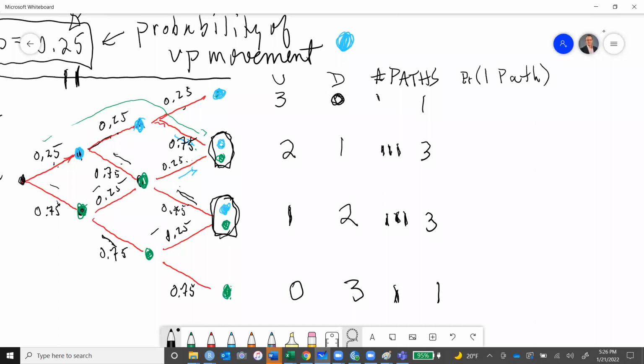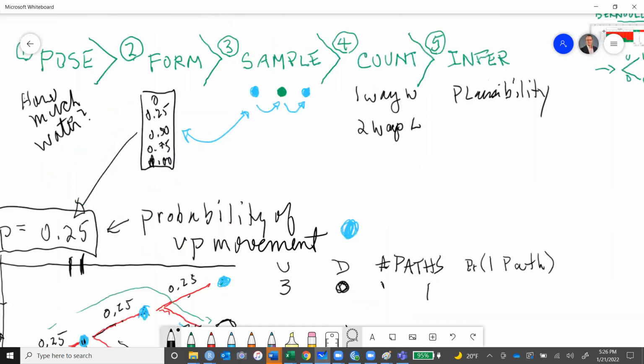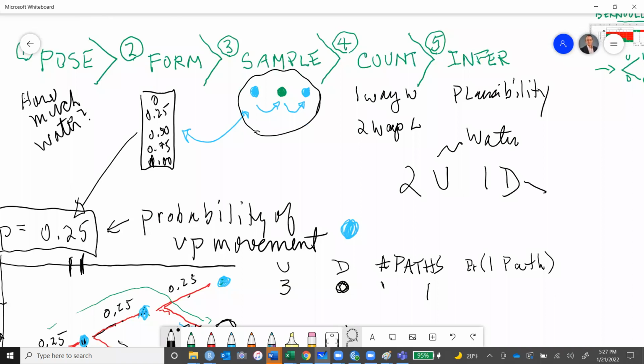Well, okay. Our data that we actually sampled, let's look at that for a refresher, was this. Almost looks like a smiley face inside of a smiley face. It's 2 up and 1 down, where up is water, down is land.